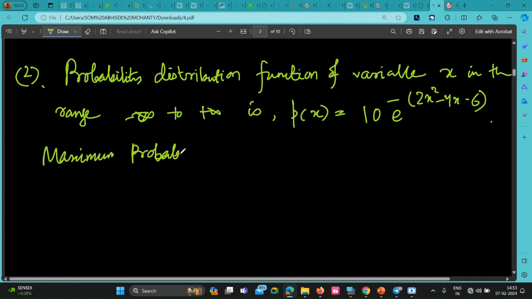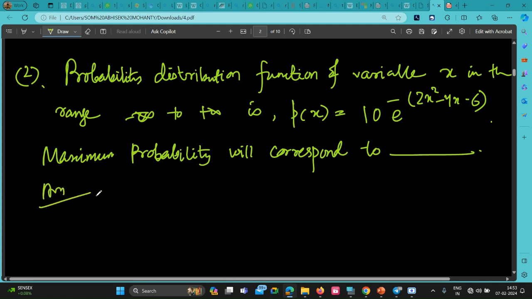Maximum probability will correspond to dash. That's the question.